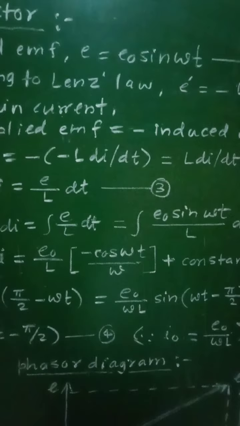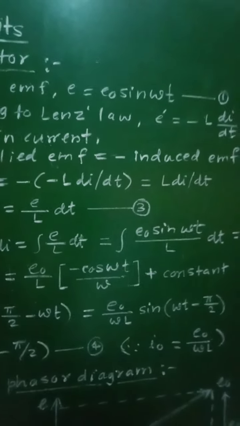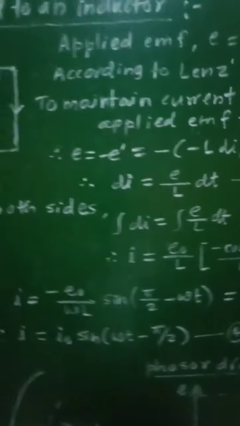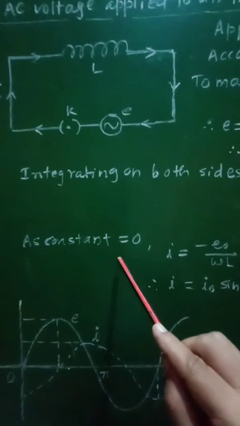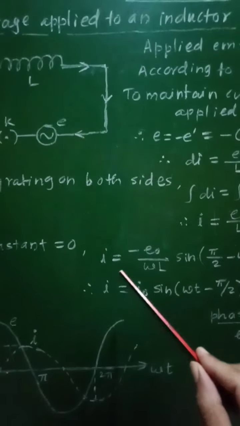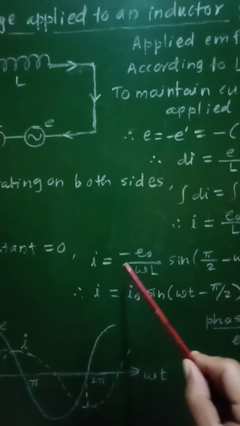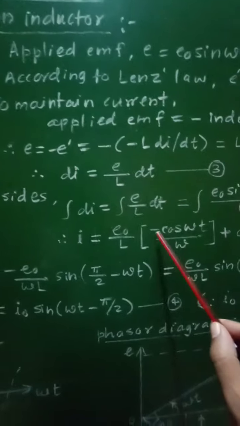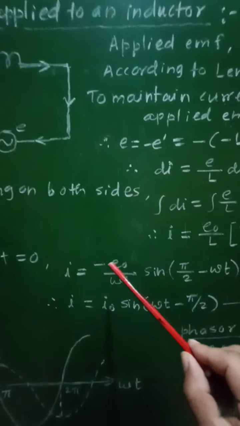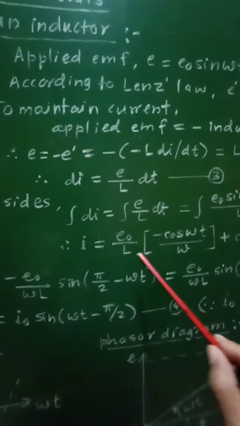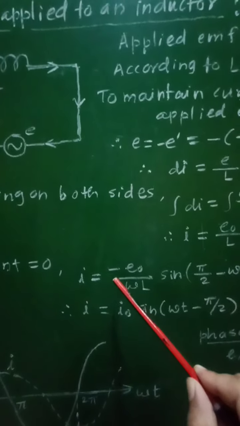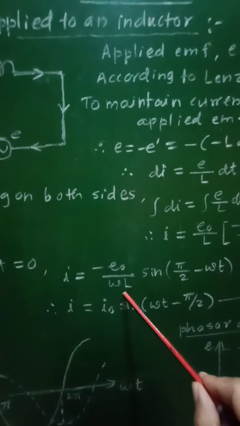As the constant of integration is taken as 0, the total current I will be minus E0 upon omega L into cos omega t.